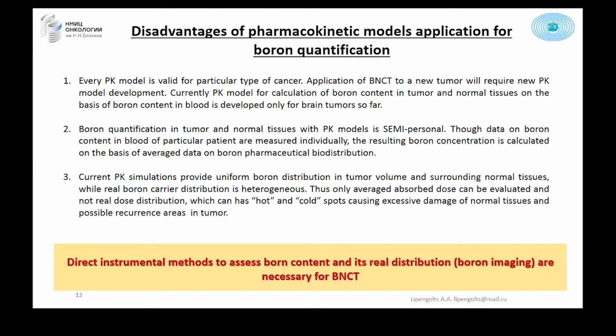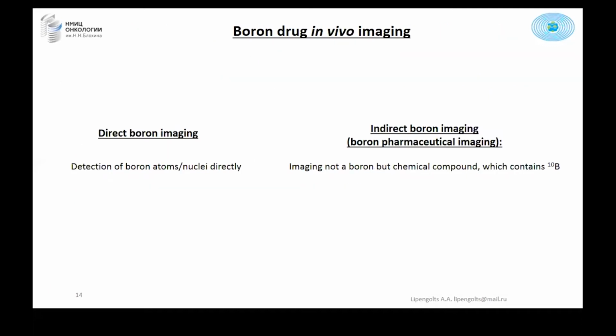Thus, we can cause damage to normal tissues, or vice versa, we can underirradiate necessary areas of the tumor and cause recurrence by that. So direct instruments of boron content assessment are extremely necessary for the development of BNCT and improving its therapeutic efficacy.